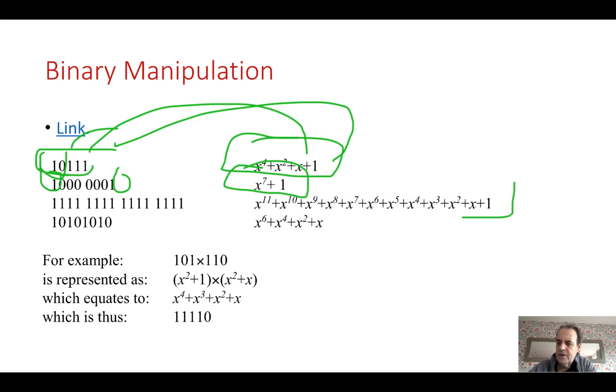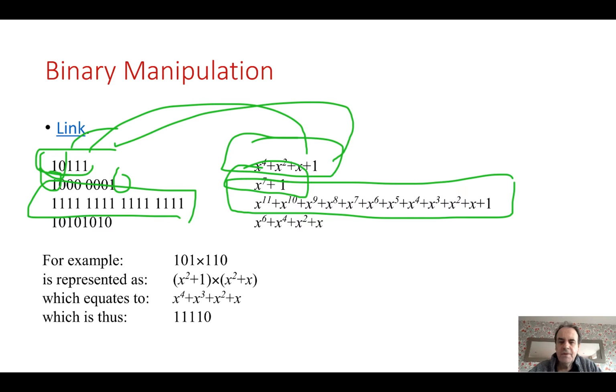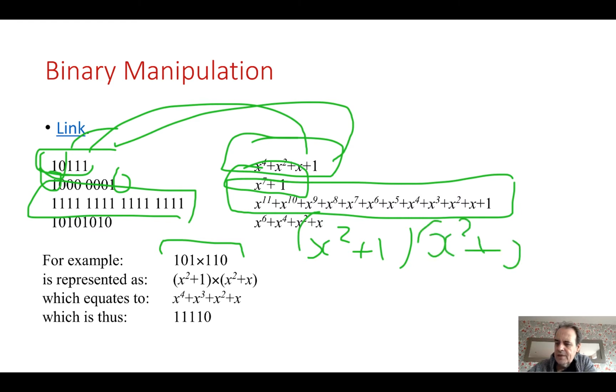Okay, there is a value here, and we can see that all the bit values are set. So we have 1 plus x squared plus x to the 3, and so on. The advantage with this is that we can take a value such as 1, 0, 1 times 1, 1, 0, and represent it in a mathematical format. So x squared plus 1 multiplied by x squared plus x.